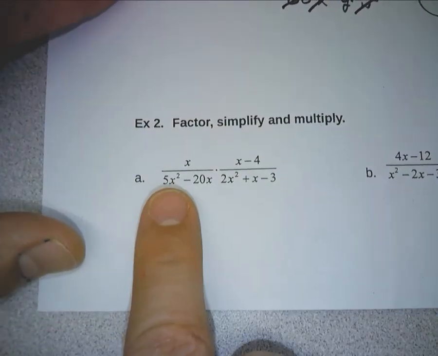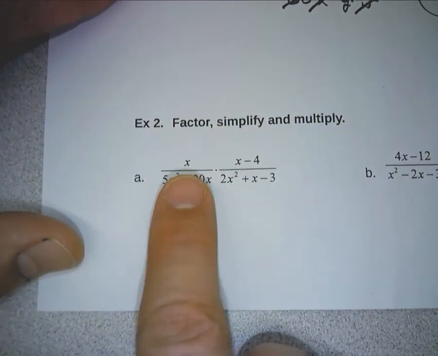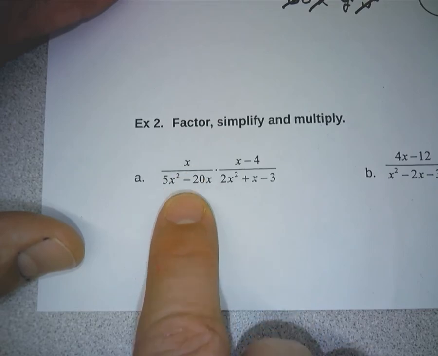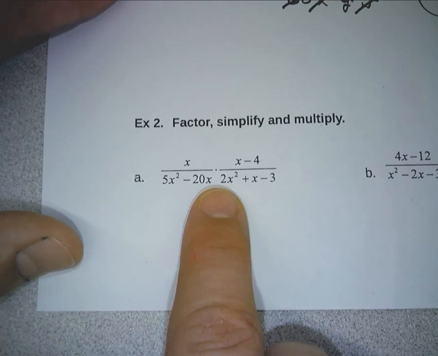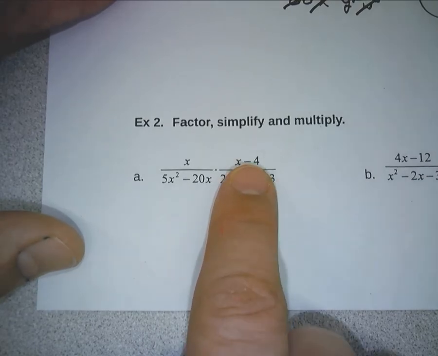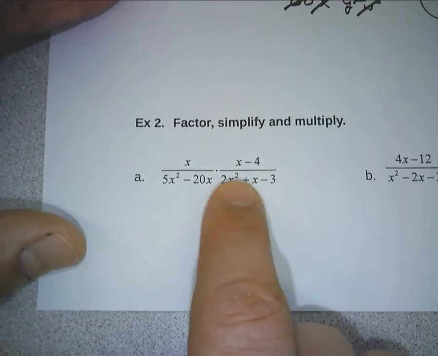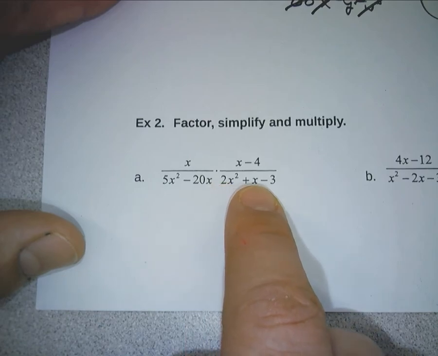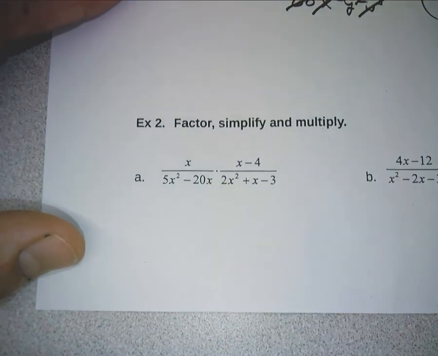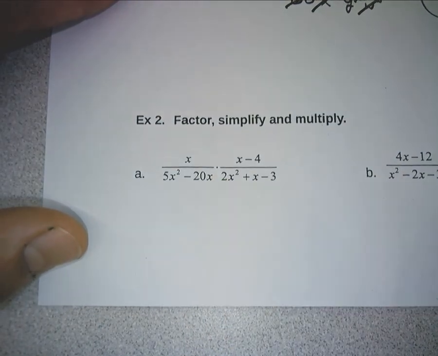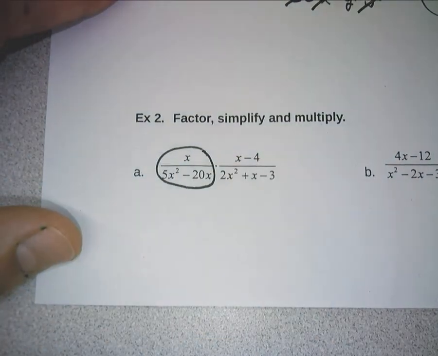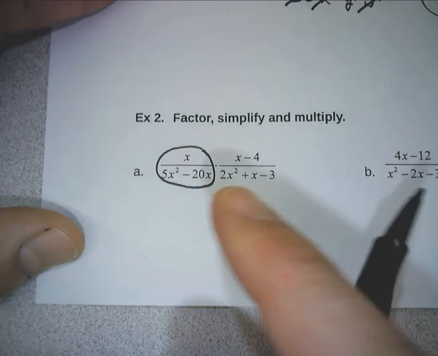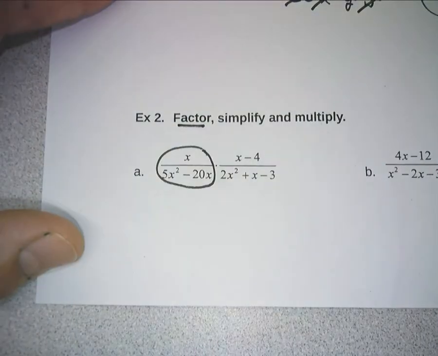All right, so example 2A, I have x divided by 5x squared minus 20x, and then times the next fraction, I've got x minus 4, and then divided by 2x squared plus x minus 3, okay? So I'll do this first fraction here in black, and I see some factors I can do on the bottom. So we look to factor.